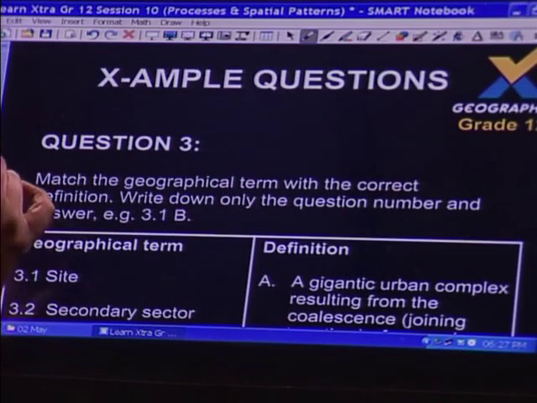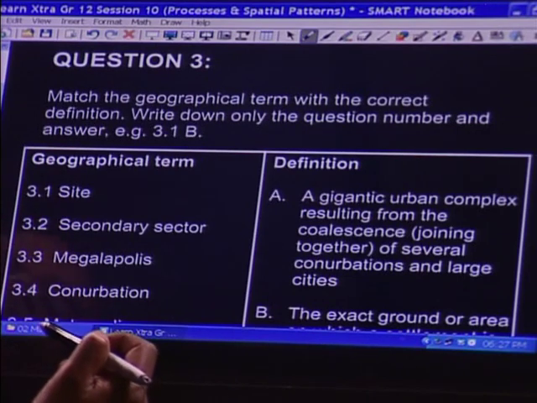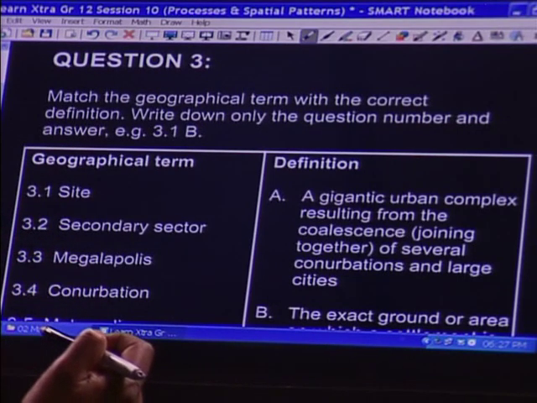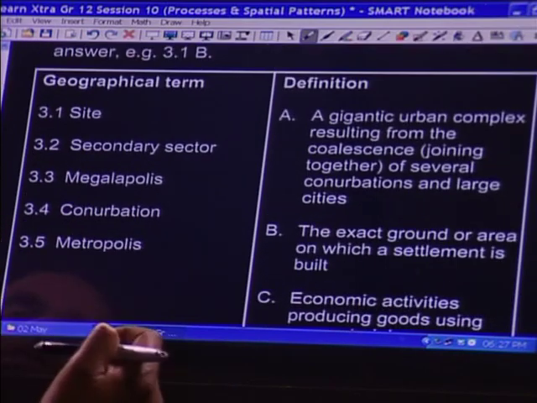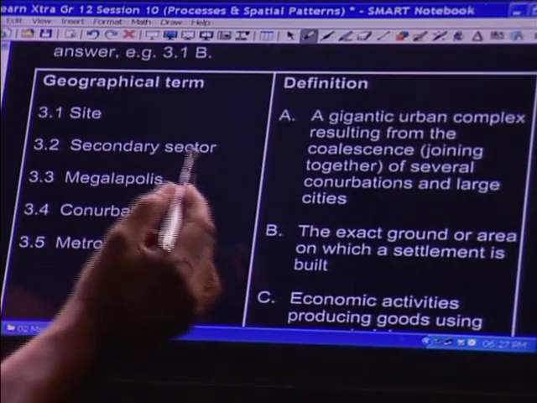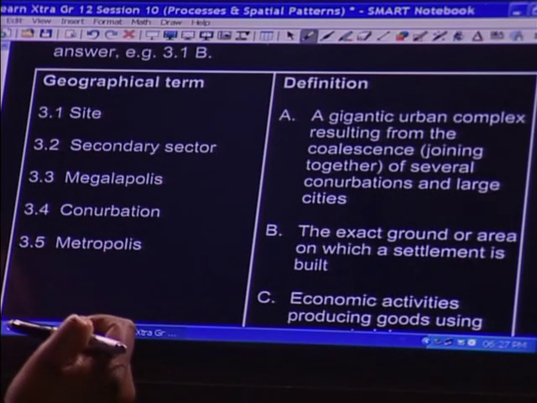Moving to the next question. Match the geographical term with the correct definition. Write down only the question number and the correct answer. Geographical terms: site, secondary sector, megalopolis, conurbation, and metropolis. Remember, when we're answering these questions, we've got to keep in mind that there are keywords associated with these definitions, as we've discussed earlier.